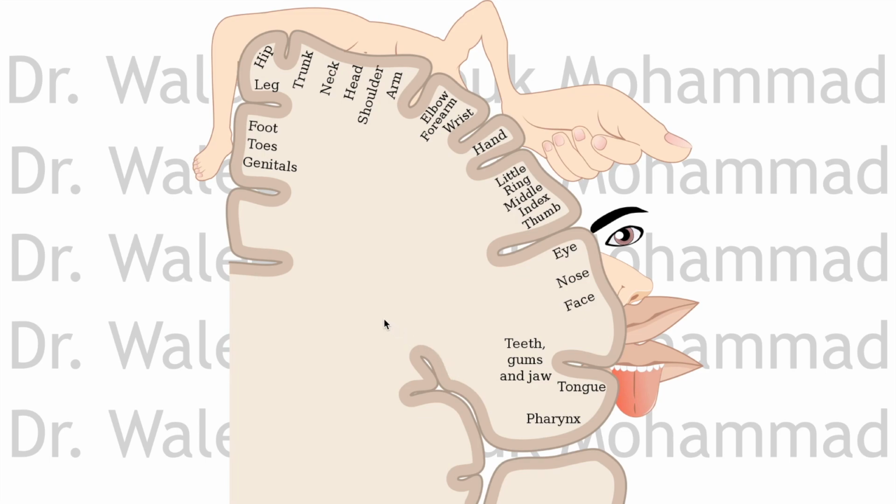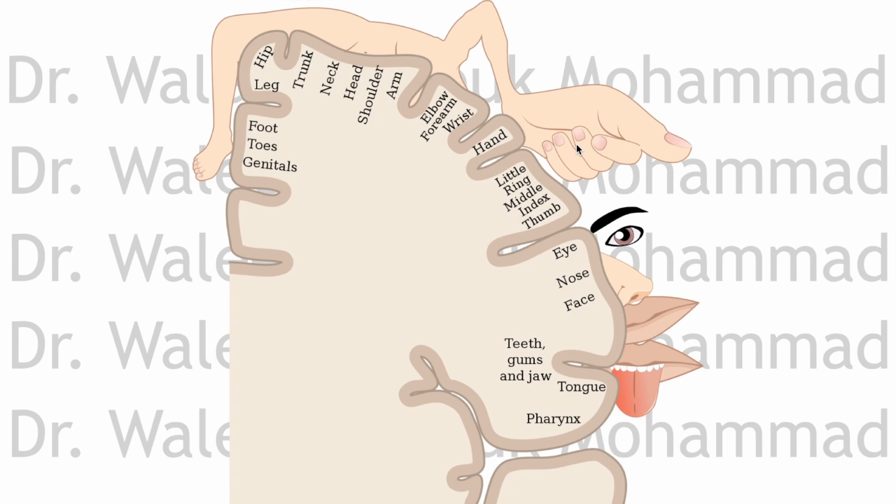Now, I told you before how the body is represented on the primary motor area or the precentral gyrus, and the primary sensory area or the postcentral gyrus. The body is upside down, so the face and the head are lower down on the lateral side. Then come the hand, the arm, and then the lower limbs on the medial side.